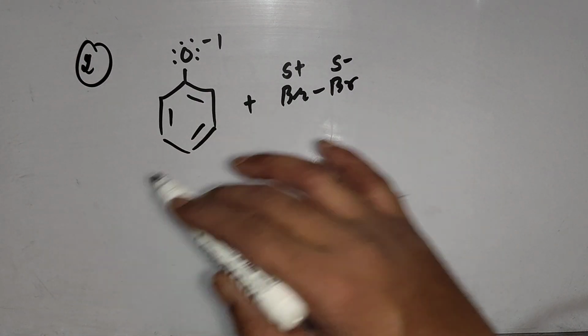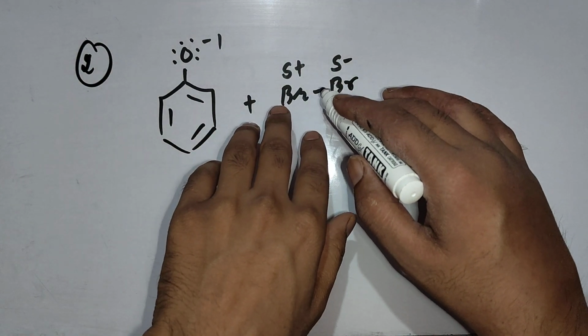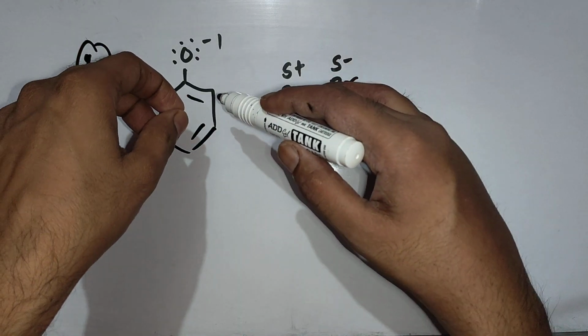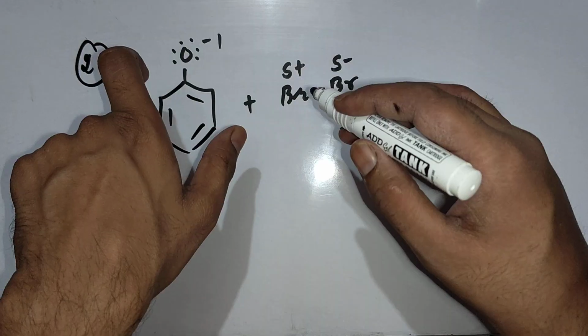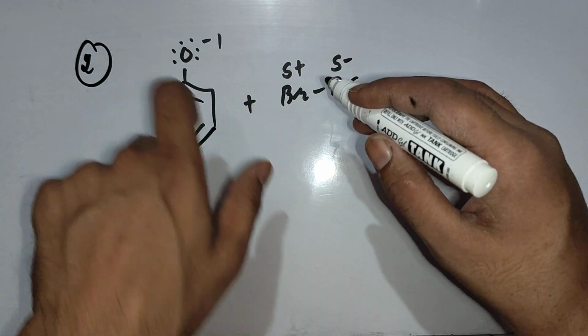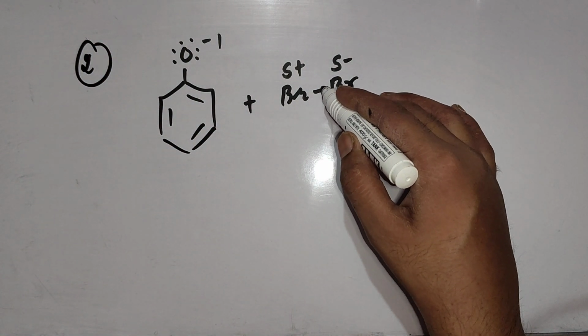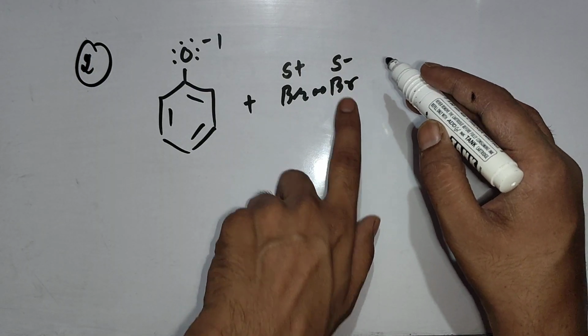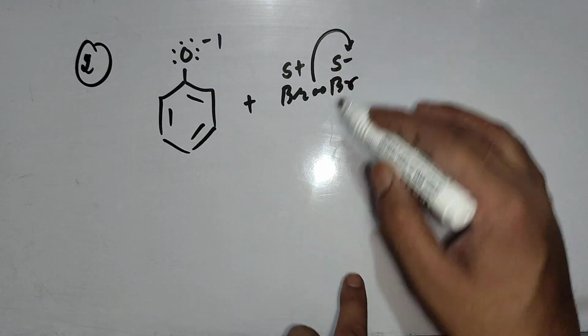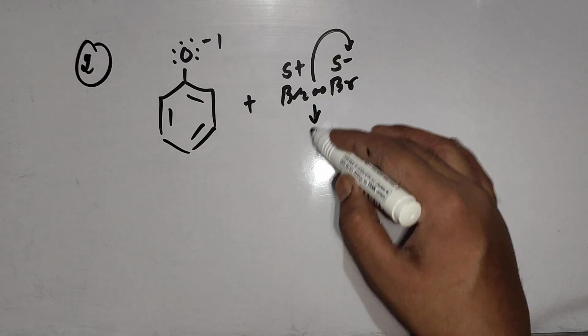Now when this polarized bromine molecule comes near to phenoxide ion, as you know, phenoxide ion is a high source of electron. So what will happen? These electrons which are already close to this right-handed bromine will completely shift toward bromine and the bond will break.